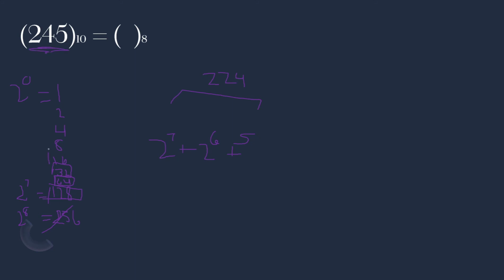So 16, 4, and 1. So what is that? That is plus 2 to the 4, plus 2 to the 2, plus 2 to the 0. So we have 8 places. 1, 2, 3, 4, 5, 6, 7, and 8.